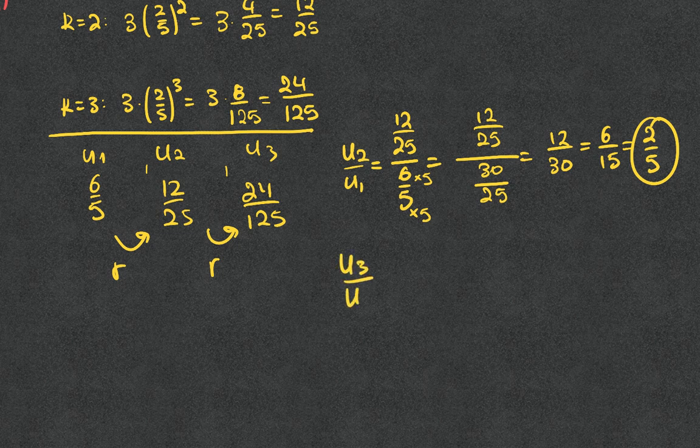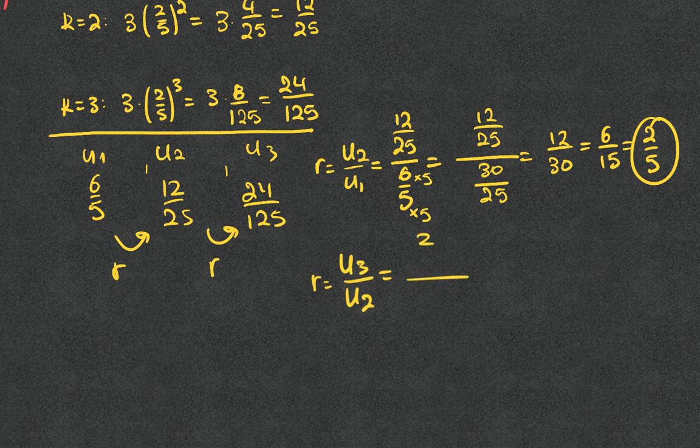If I do the same to calculate the ratio, because in both cases I'm calculating the ratio. So in order to confirm that this is a geometric sequence, I need to find the ratio between 3 consecutive terms. Otherwise, I cannot just make that assumption. Of course, this is just a test, the question is not asking me to do that, but I think it's good for us to understand what's going on.